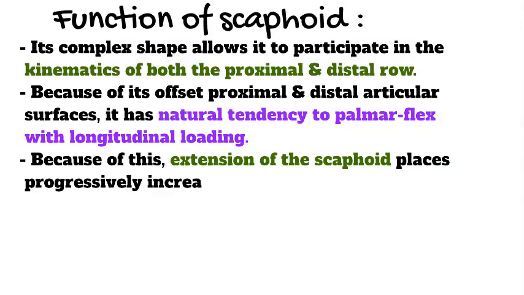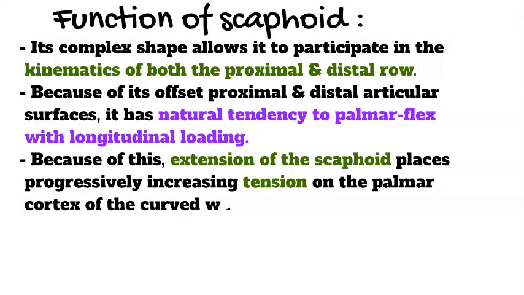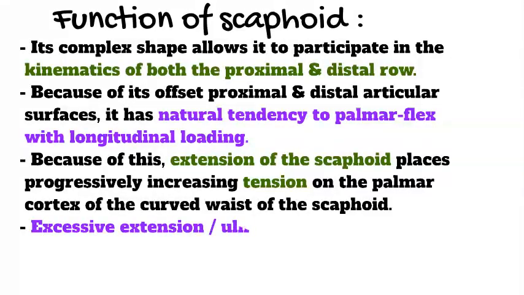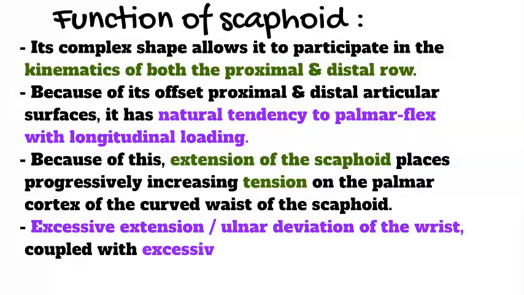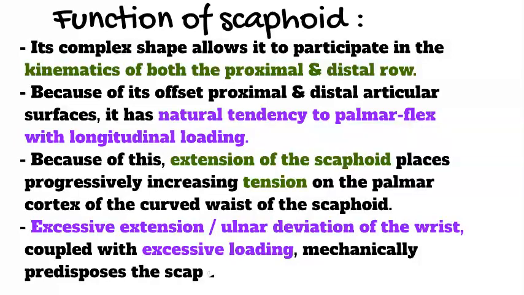Because of this, extension of the scaphoid places progressively increasing tension on the palmar cortex of the curved waist of the scaphoid. Excessive extension or ulnar deviation of the wrist coupled with excessive loading mechanically predispose the scaphoid to fracture.